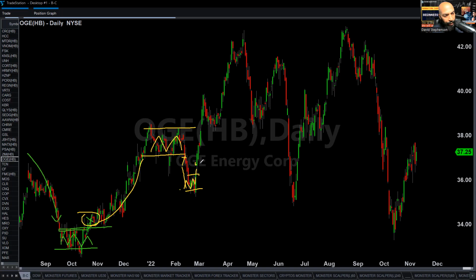We could have bought here again. That's the markup phase. Here it held support. That's reaccumulation. So accumulation, markup right here. Distribution right here. Markdown.